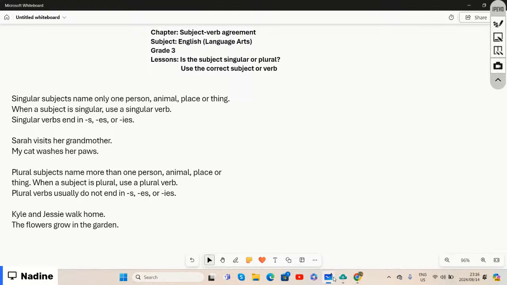And the flowers, we refer to more than one flower. The flowers grow in the garden.